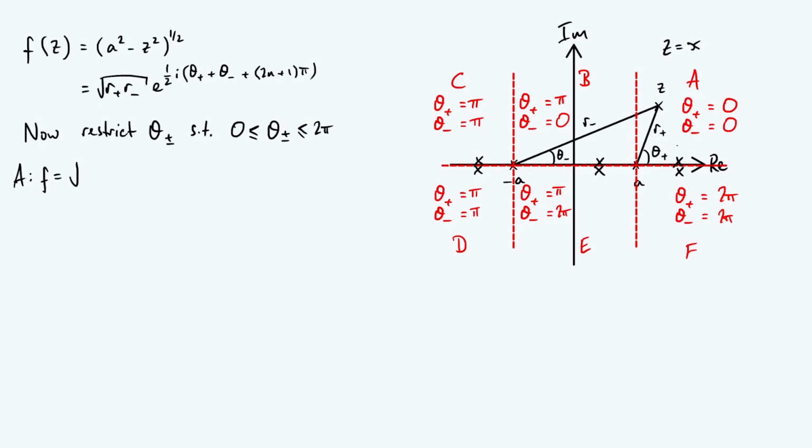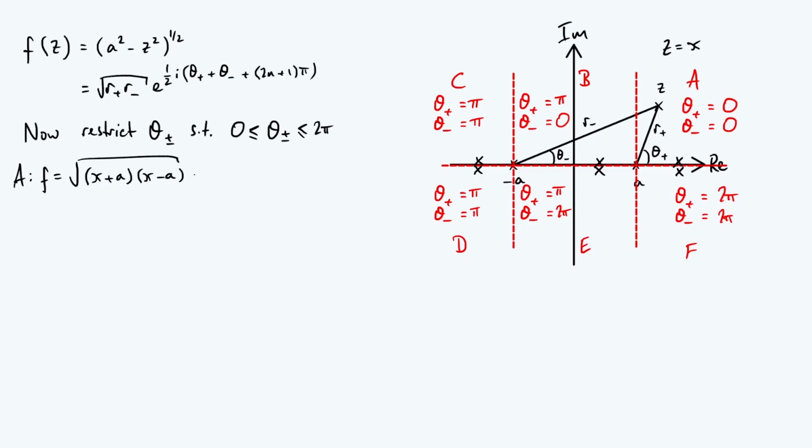So if we are over here in region A, then the distance to the point at a is just x minus a, whereas the distance from our point z equals x to the other branch point minus a is going to be x plus a. So our root r plus r minus can be written as root of x plus a times x minus a.